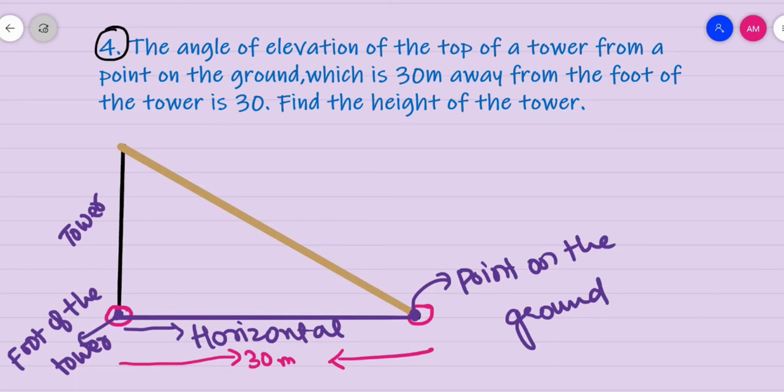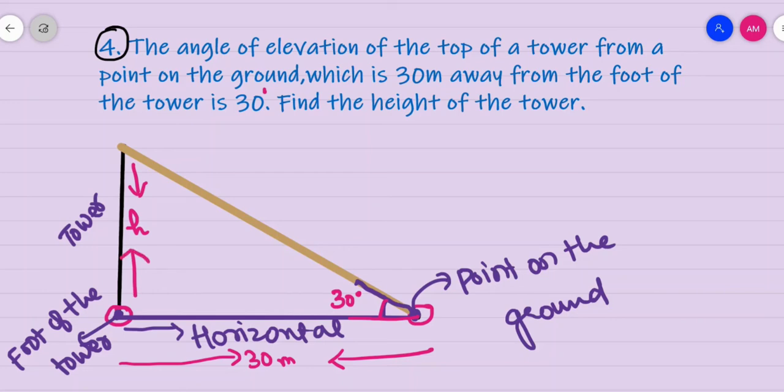Angle of elevation means you are looking up from the ground, so the line of sight makes an angle with this horizontal. This is the angle of elevation theta, and this is 30 degrees. Find the height of the tower.